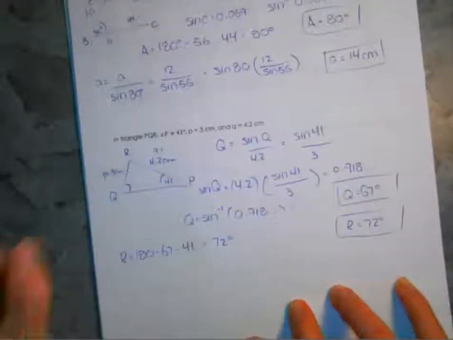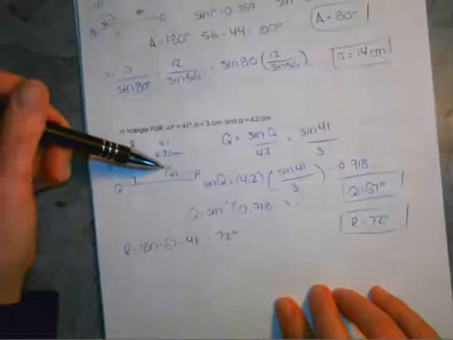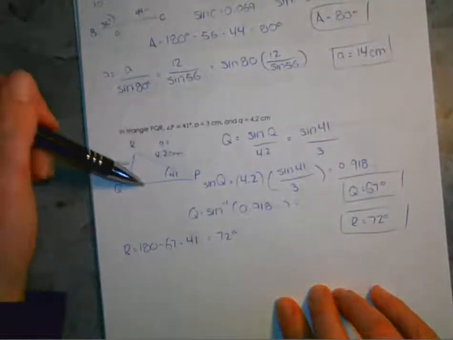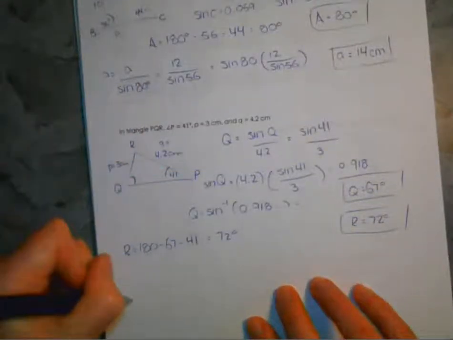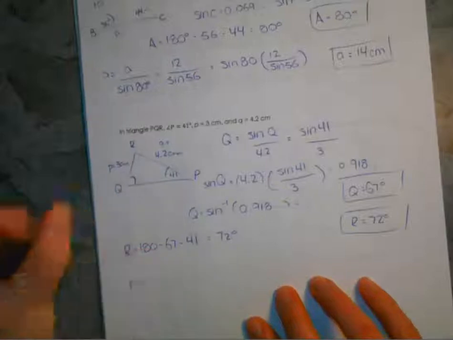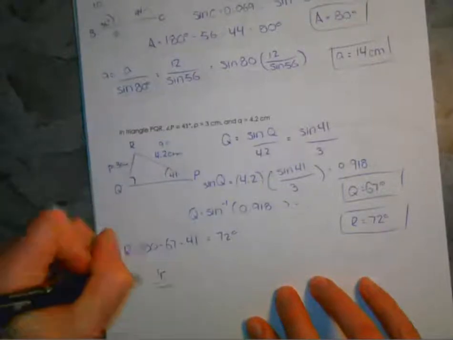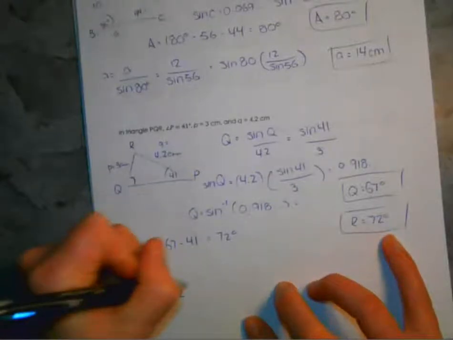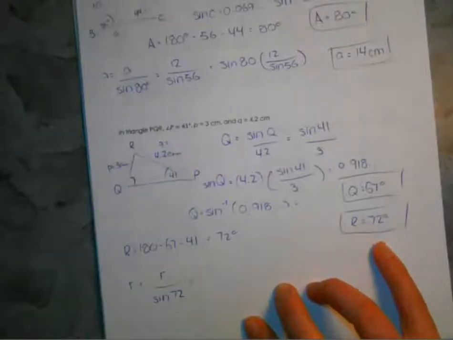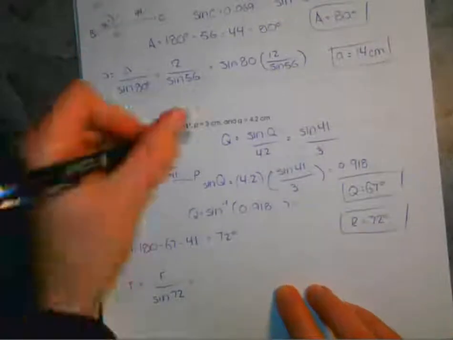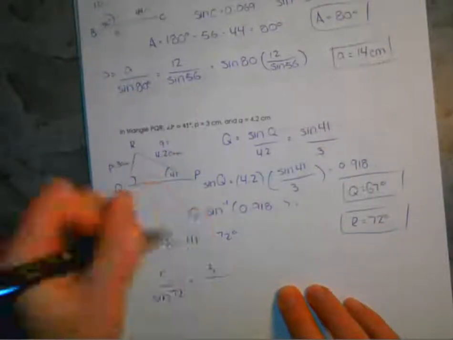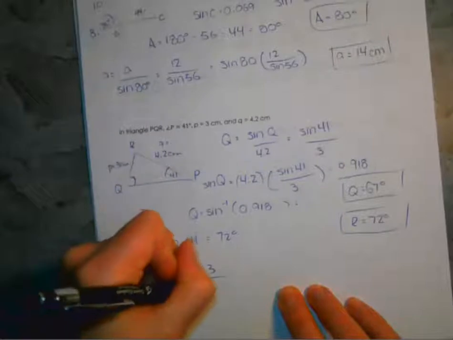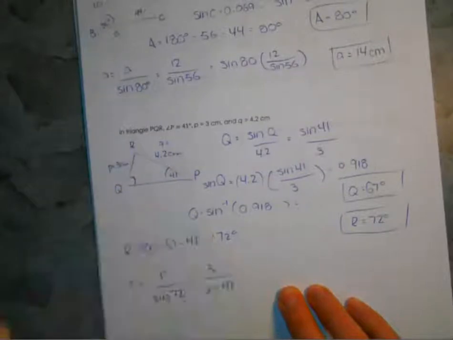And then our last one is side R. Okay, so to solve for side R, remember we want to put the little r on top of sine of angle R, which we just solved for, which is 72, and then set it equal to the one that you were given initially, which was side P, which is 3, divided by sine of angle P, which was 41.